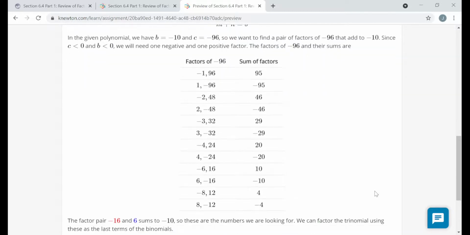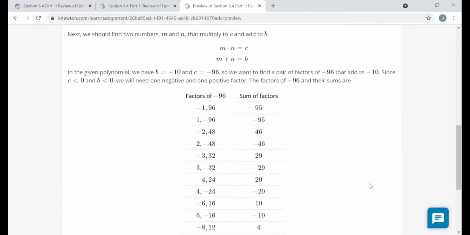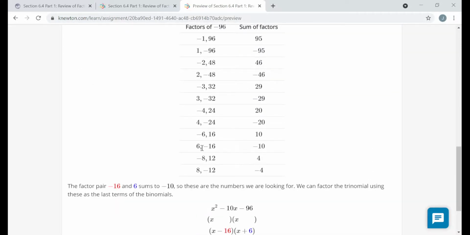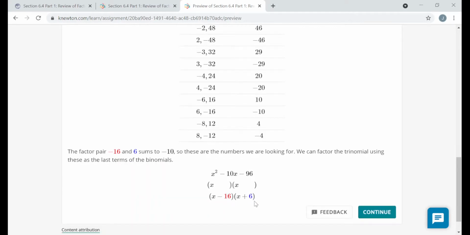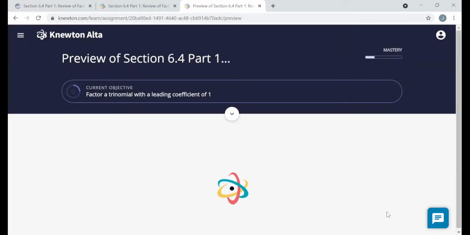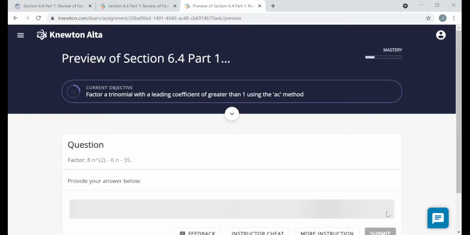So hopefully you're seeing here, right, they did the same thing, where they found 6 and negative 16, and then they just jumped to the end, without doing the grouping, because the lead coefficient was 1, and you can do that in that case, and only that case. All right. So there's another one.